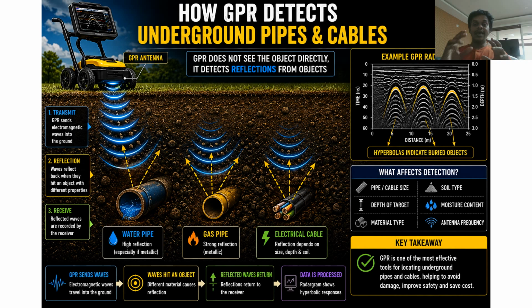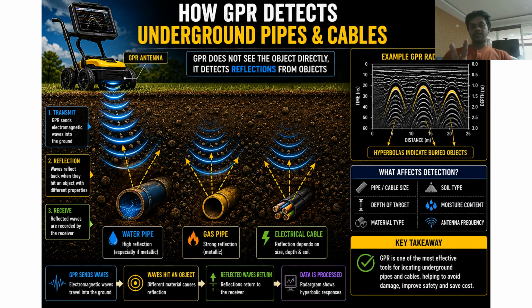For example, a larger metal pipe near the surface is usually easy to detect. That is because it is near the surface and it is large. But a smaller plastic pipe buried deep in clay rich soil may be difficult. This is why experienced surveyors always consider ground conditions before beginning a survey.